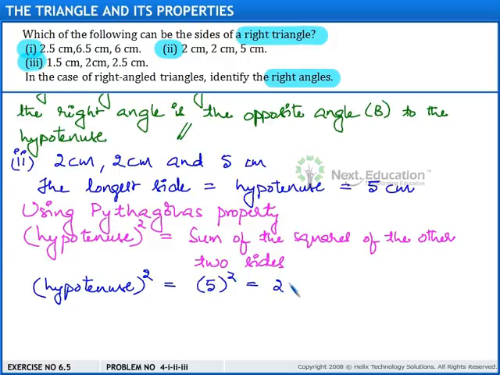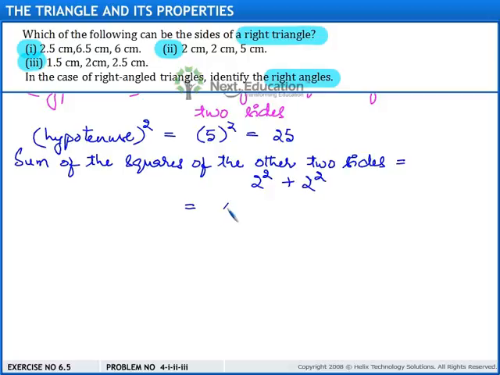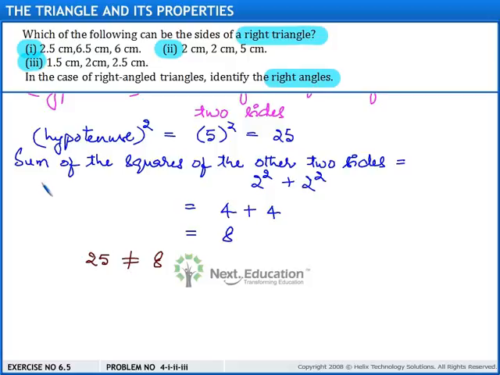is equal to 5 square is equal to 25. Now, sum of the squares of the other two sides is equal to 2 square plus 2 square, which gives us 4 plus 4 is equal to 8. Since 25 is not equal to 8, we can say that the square of the hypotenuse is not equal to the sum of the squares of the other two sides.